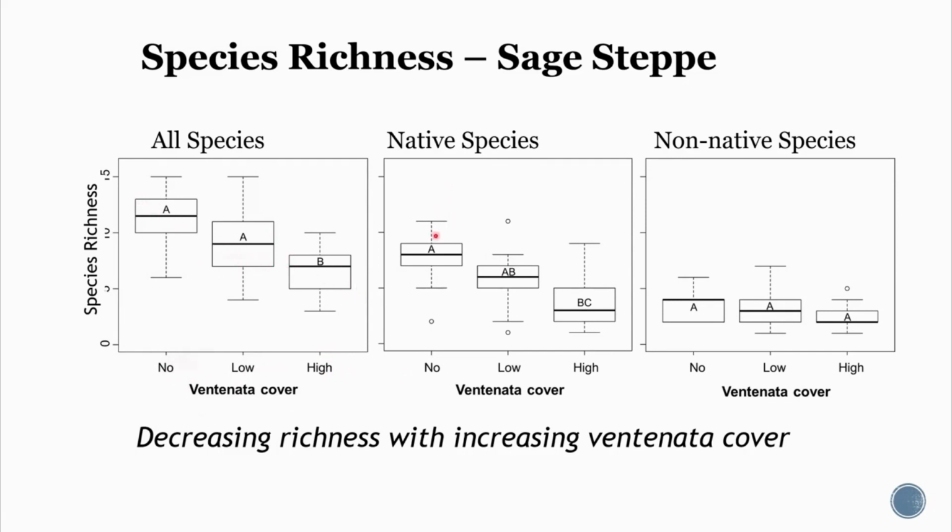But if you just look at the natives, we see the same sort of thing, a decline in native species. Not much of an effect on non-native species at that early stage of invasion in sage, and this is within sage steppe. We've done a similar project for our canyon grasslands as well.